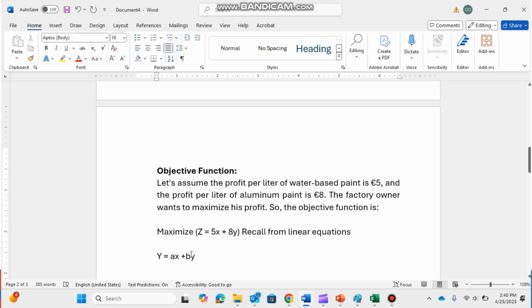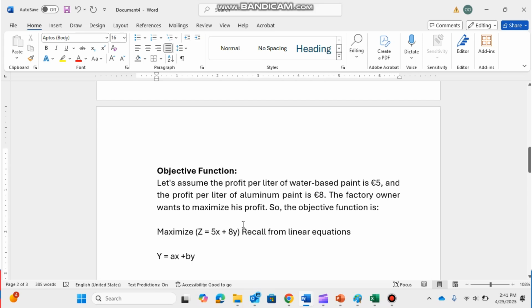Now, if you look at the variable y, which represents the aluminium paint, its coefficient is b, which is represented by the numeric value 8. I think we're getting it gradually.